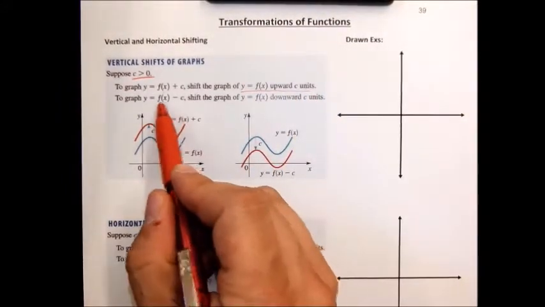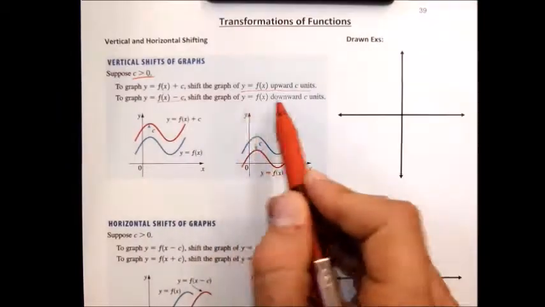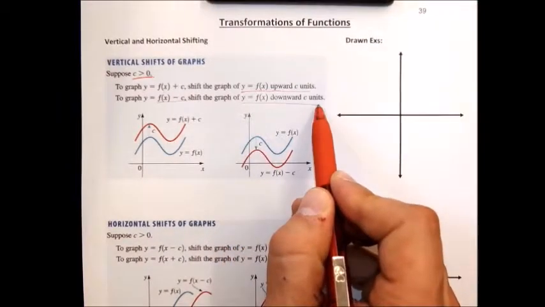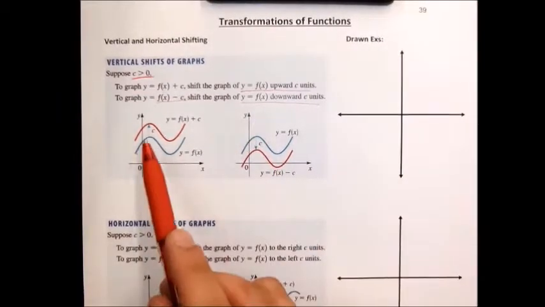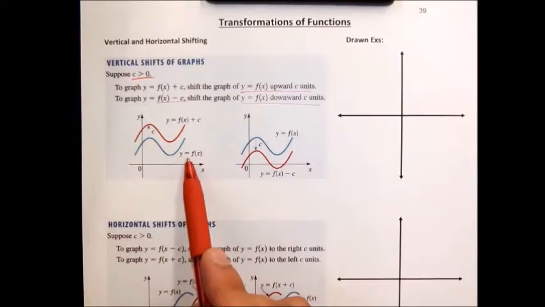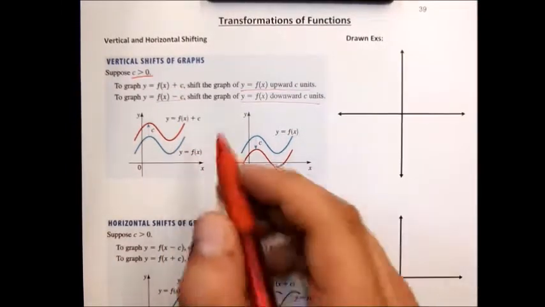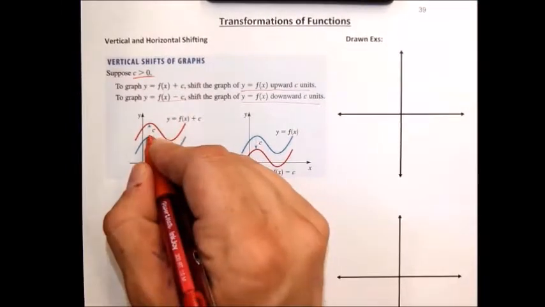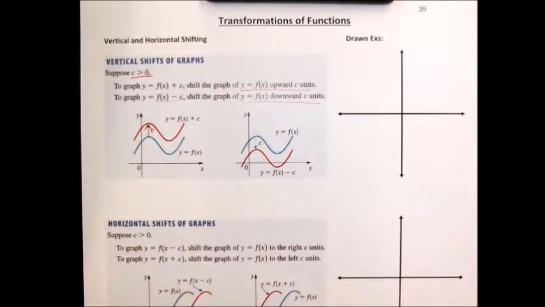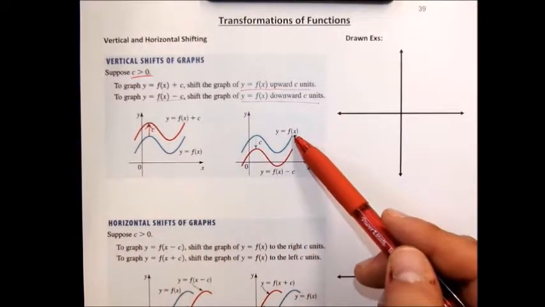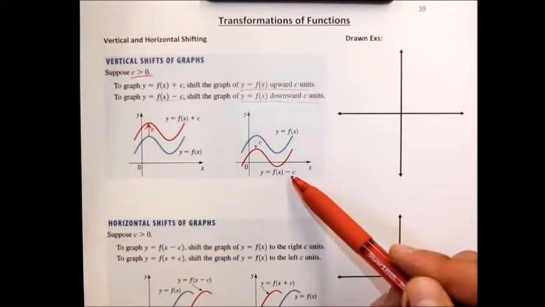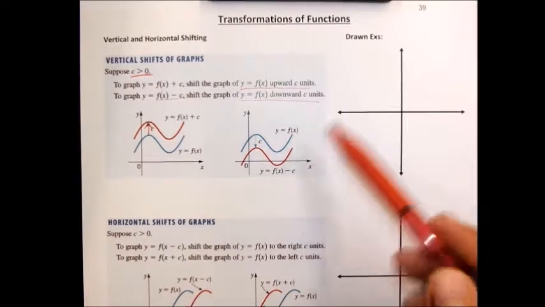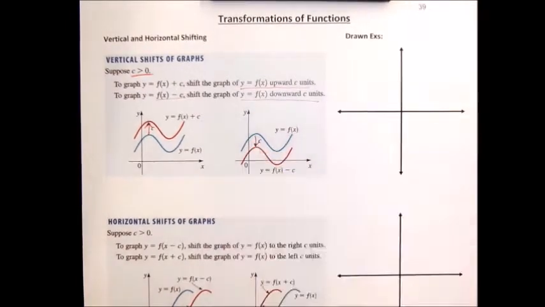And if we subtract c from the function, it moves the function down c. That's what's being shown in this picture. If this is our original function, the blue one, then adding c on the outside shifts it up by c. And if we subtract c, it shifts it down that many.